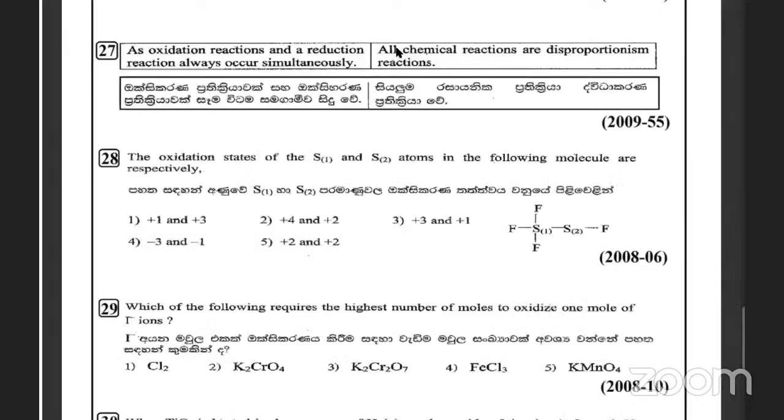Because if someone loses electrons, someone should gain electrons, no? So the first statement has to be correct, because when you say oxidation, the meaning is losing electrons, and when you say reduction, it means gaining electrons.